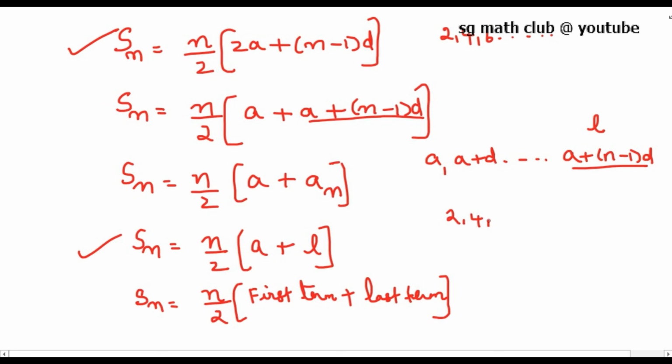Whereas if they say find the sum of 2 plus 4 plus 6 plus etc. up to 100, where the first term and the last term are given, then you can use Sn equal to n by 2 into first term plus last term.